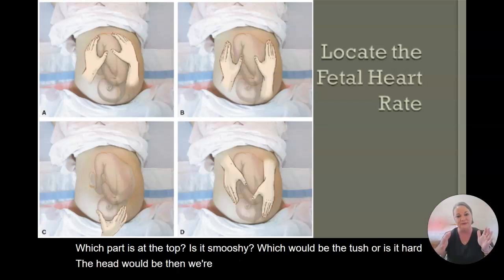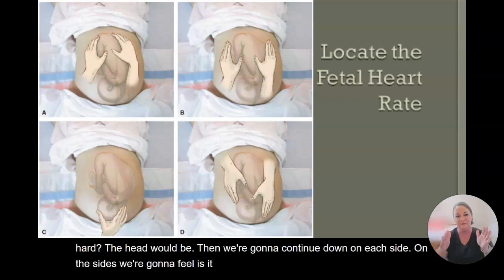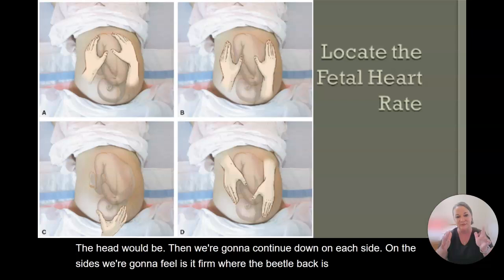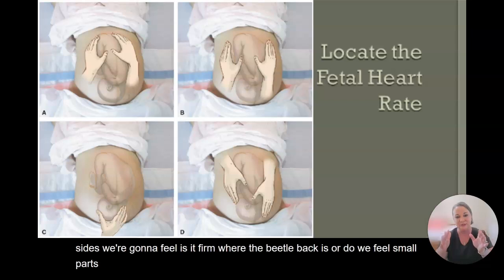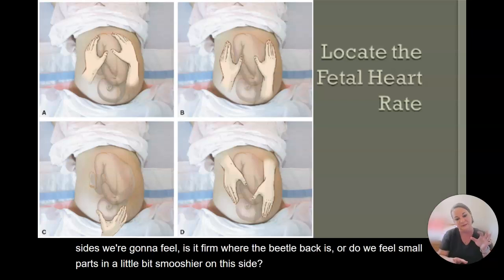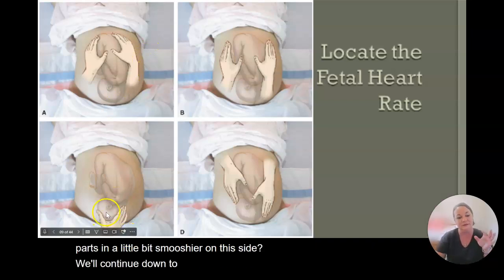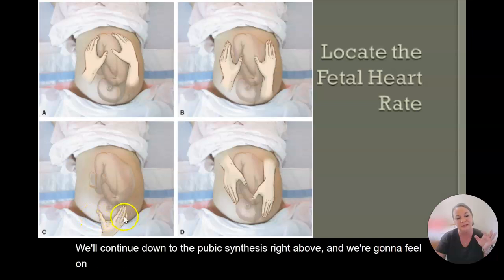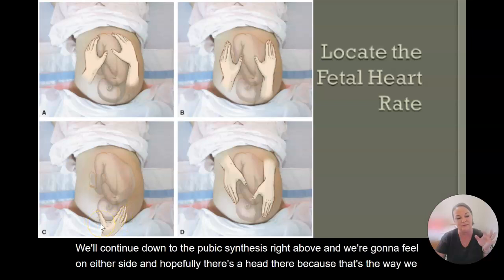We're going to continue down on each side. On the sides, we're going to feel, is it firm where the fetal back is, or do we feel small parts and a little bit smushier on this side? We'll continue down to the pubic symphysis right above, and we're going to feel on either side. And hopefully there's a head there because that's the way we want the baby to be facing.